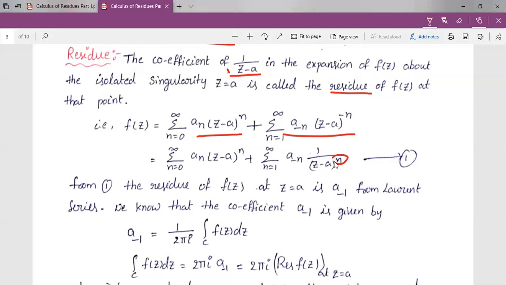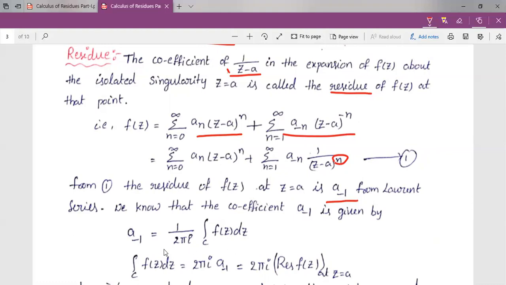When we substitute n = 1 here, we get a_{−1} into 1/(z − a)^1. So we consider the coefficient of 1/(z − a) as the residue, that is, a_{−1}. So a_{−1} is called the residue of the function from the Laurent series.